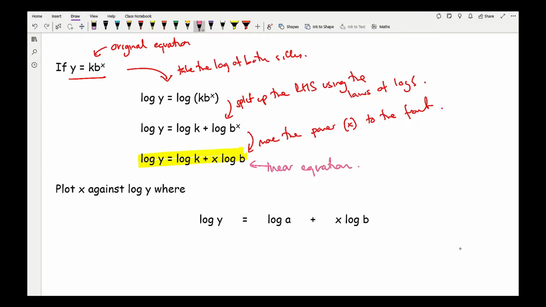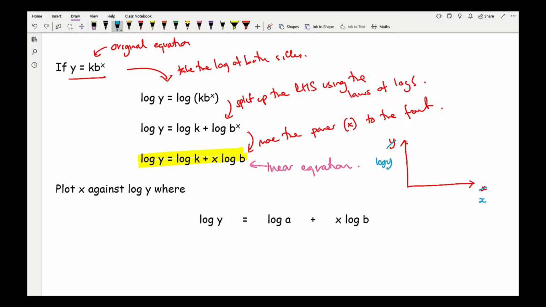Now, unlike last time, where if we had a graph we'd typically be plotting y against x, here, when we've got an exponential graph, we're still going to stick with the x values, but instead of using y, we're going to use log y. So what you're plotting is x against log y.